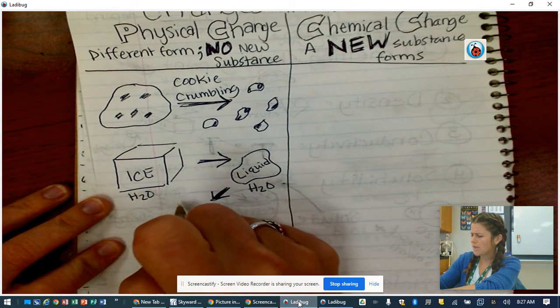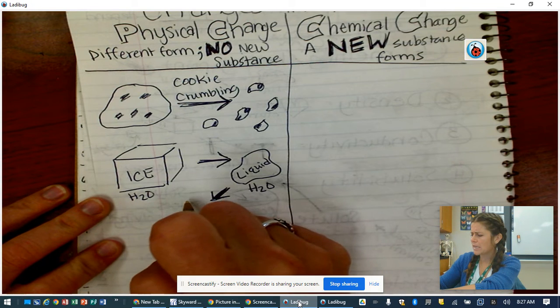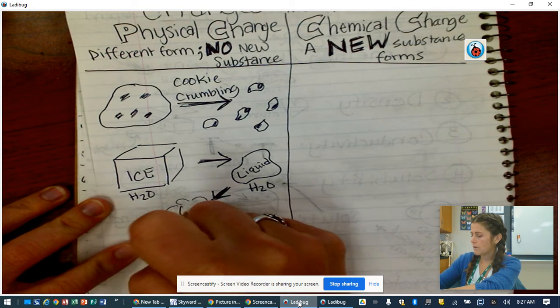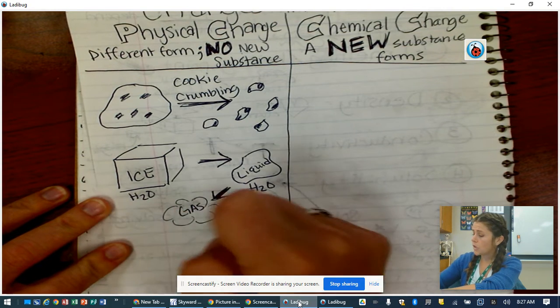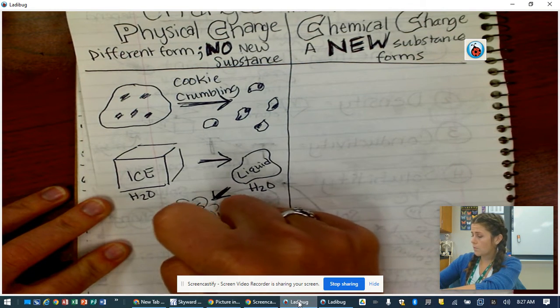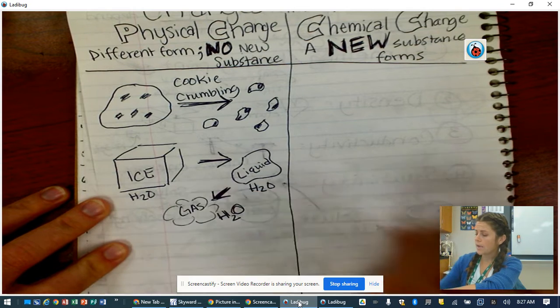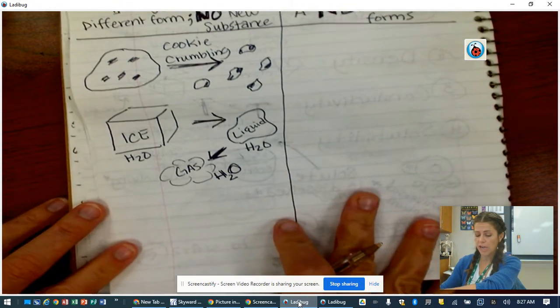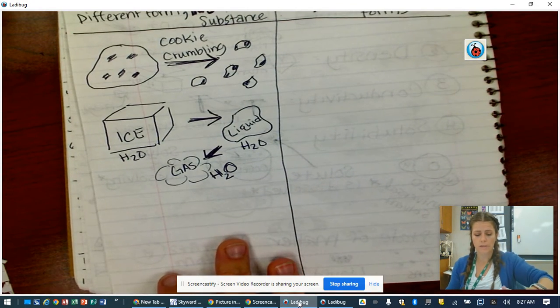So I'm just going to make gas like this. So water can evaporate into a gas form and it's still water. Okay, so it's a physical change. You didn't change what it was.